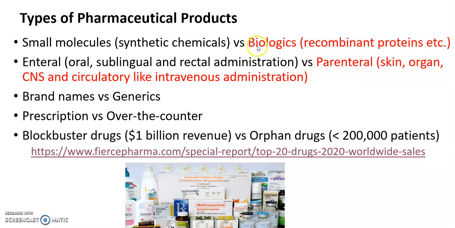Then normally the biological drugs are given parenterally. So biological drugs are parenteral drugs. Okay, you can guess the reason why, right? If you take biological drugs like maybe DNA, RNA, or proteins orally, then what happens? Maybe proteins may be denatured because in your stomach there's a strong acid, stomach acid, that's like pH 2.